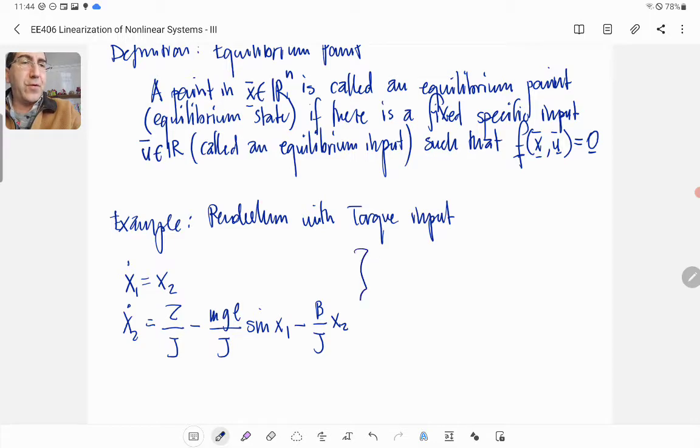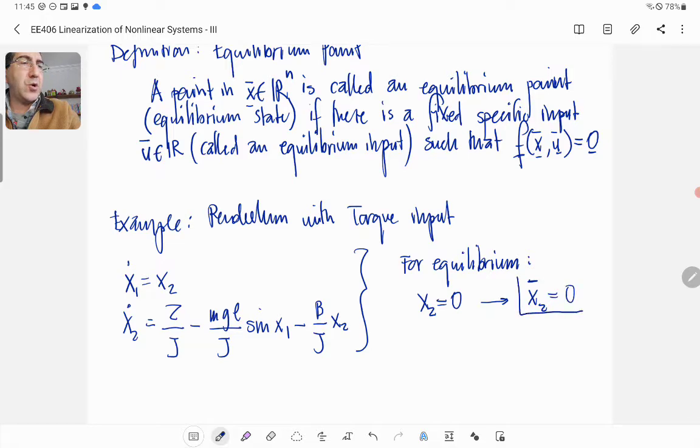Now, using the above definition for equilibrium, we need to have, first of all, x2 identically 0. So our equilibrium state, or the equilibrium point, will have the second state being identically zero, and we need to also have this second equation equated to zero.